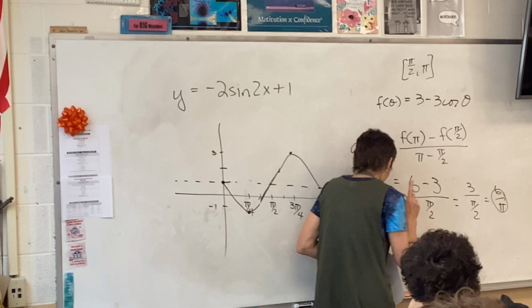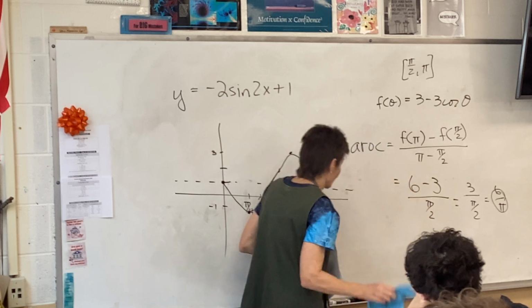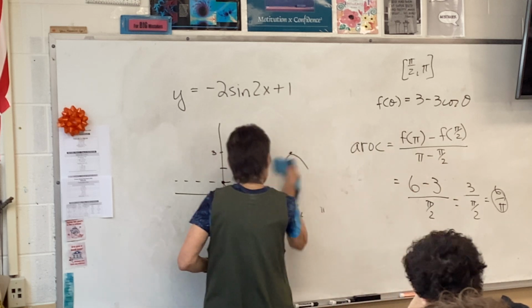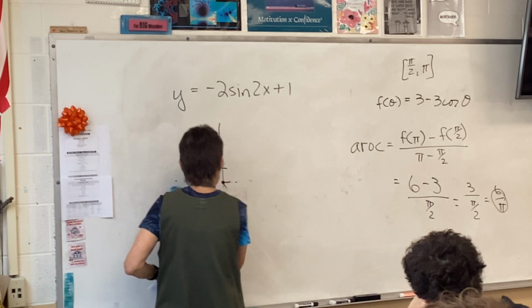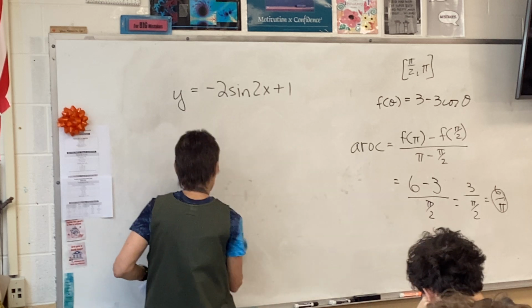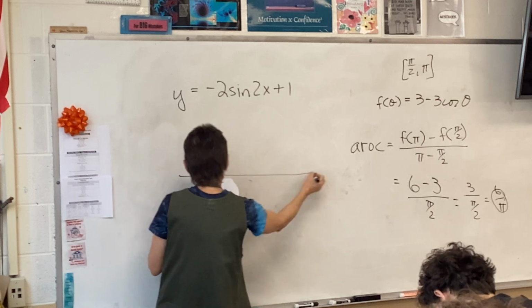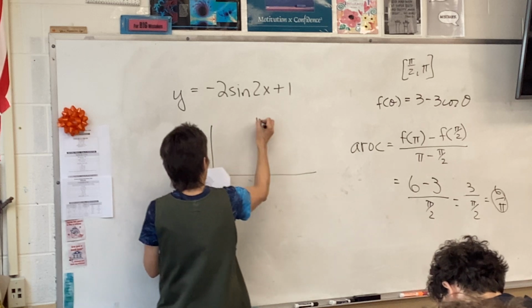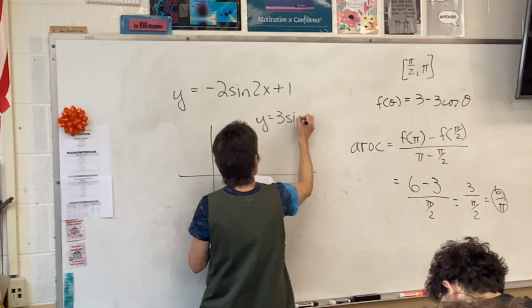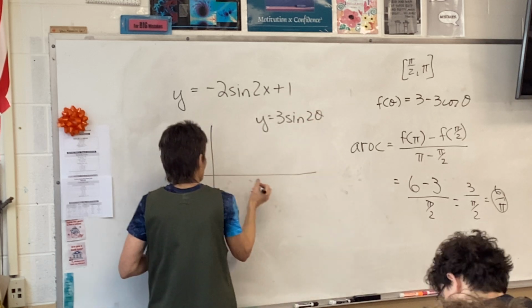Now, if you can't tell from the polar graph, you can graph it rectangularly and it will be easy to see where they match. So we've got y equals 3 sine 2 theta.